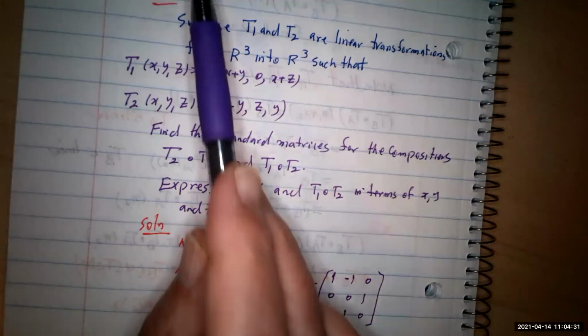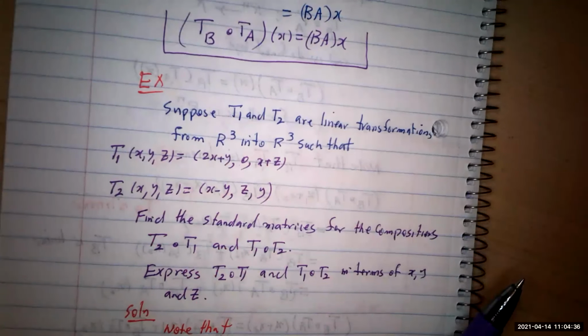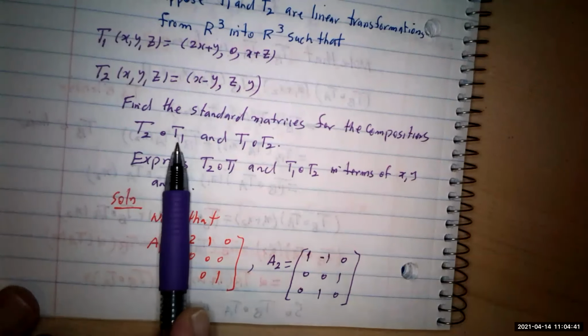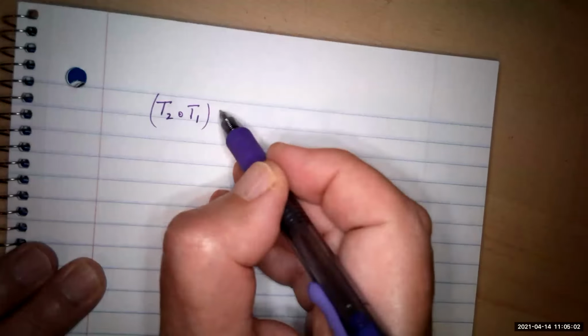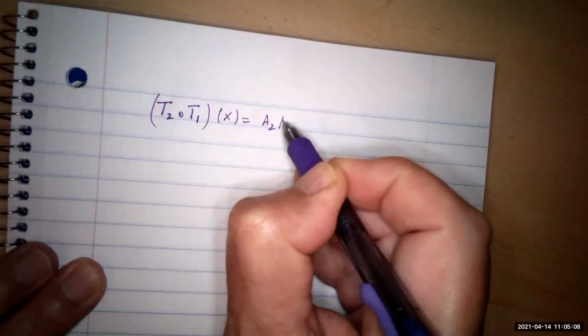Now you know that according to this formula, you have to find their product. Find the product of A2 times A1, and that gives you T2 of T1. Let me remind you that T2 of T1 corresponds to A2 times A1.